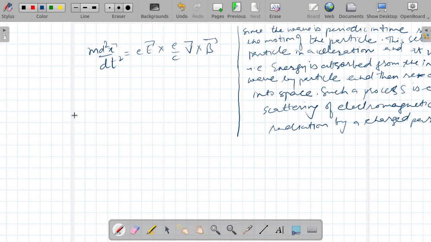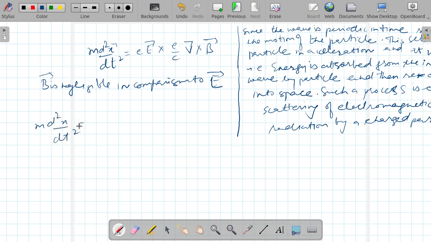Since we know that the magnetic field is negligible in comparison to the electric field E, this equation of motion will become this, because this term can be neglected. Why is it neglected?